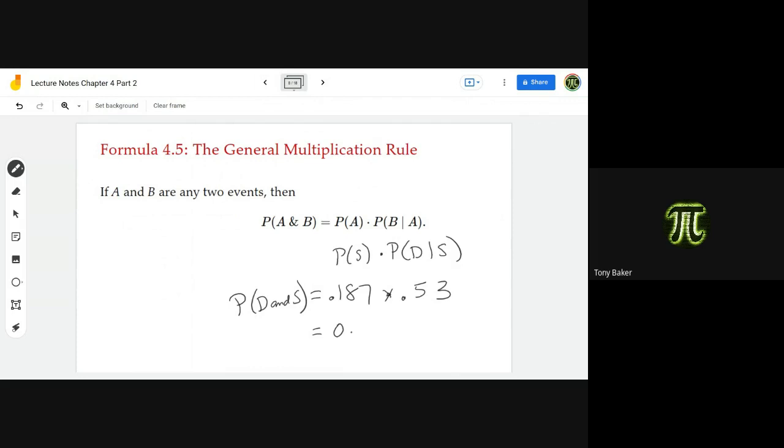So we got 0.099, or 9.9%. And that would be picking just a random person out of all of Congress. It is 9.9% that they would be a Democratic senator that I would choose.